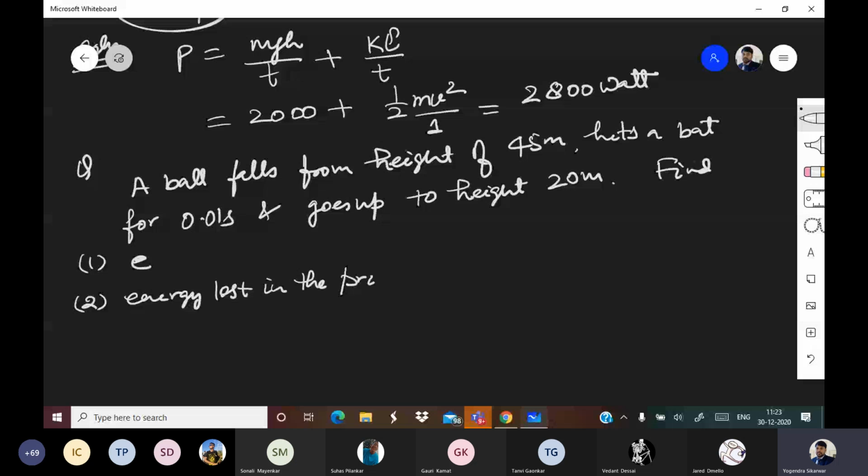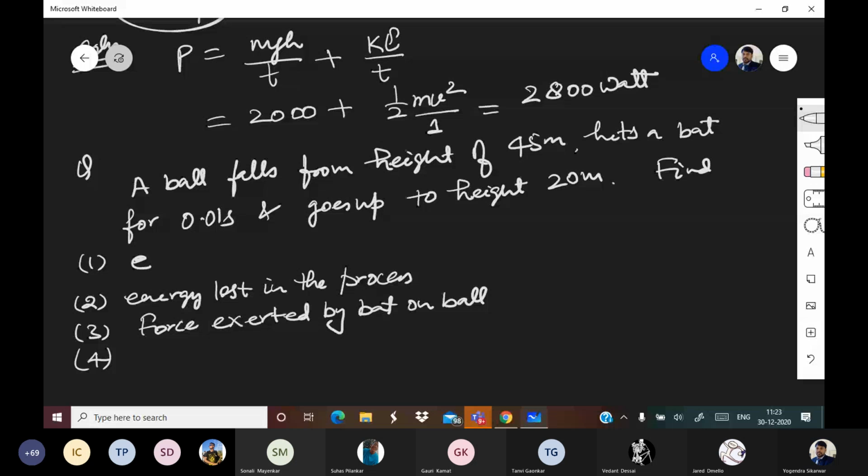Number 3, force exerted by bat on ball. Okay. So coefficient of restitution, energy lost in the process, force exerted by bat on ball. Yeah, that's fine. Only this much you do. Solve.